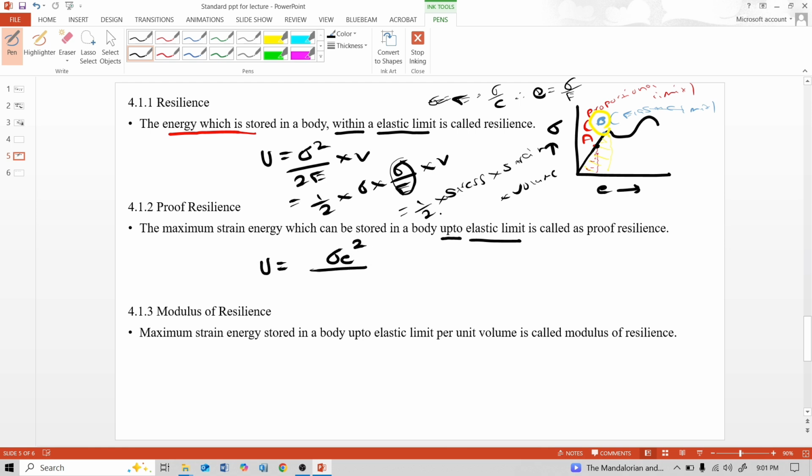Up to the elastic limit the stress is different from the stress within the elastic limit, that is up to point A. So this is the difference: sigma square upon 2E, where E, the modulus of elasticity, is the same, and volume is also the same.